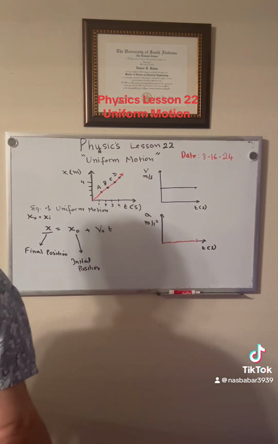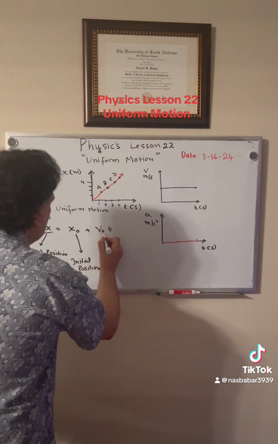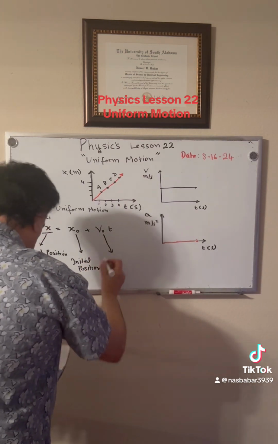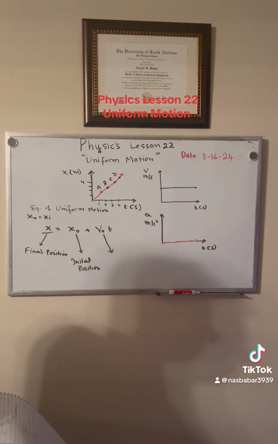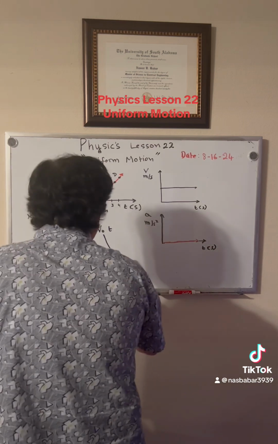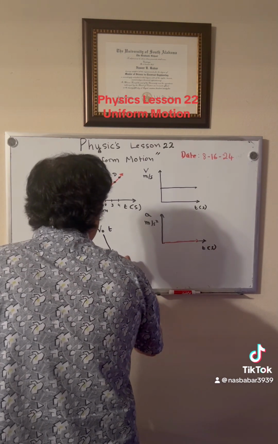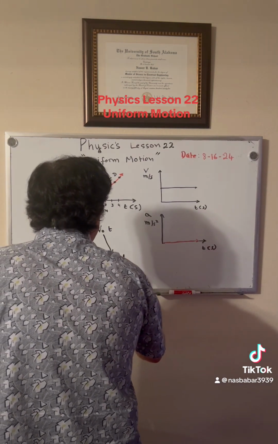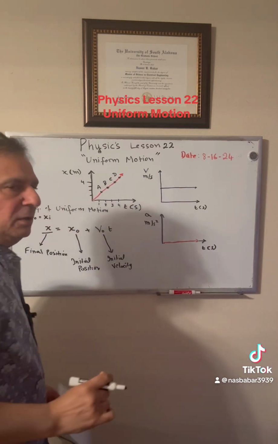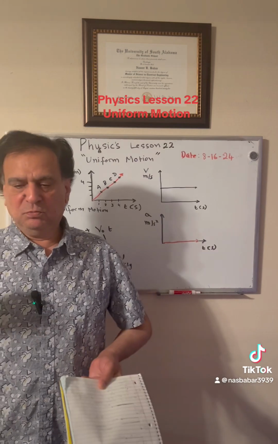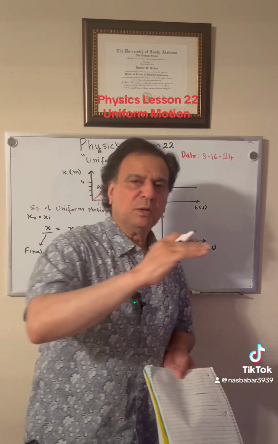Okay, and then what is v naught? V naught is my initial velocity. Okay, so let's say at time zero, I'm going 5 meters per second.